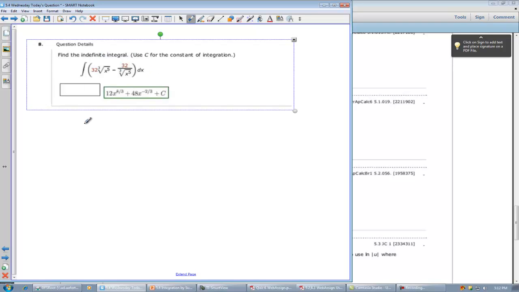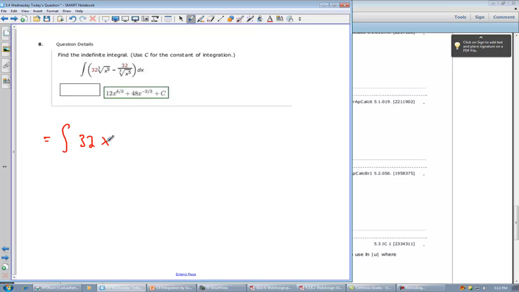Okay, so to find this indefinite integral, it says use c for the constant of integration. How do we do this? Well, the first thing is I have to write these as powers of x. So this is actually equal to the integral of 32 times x to some power.